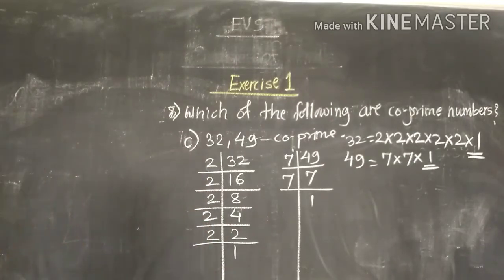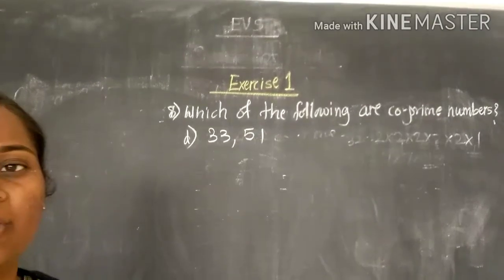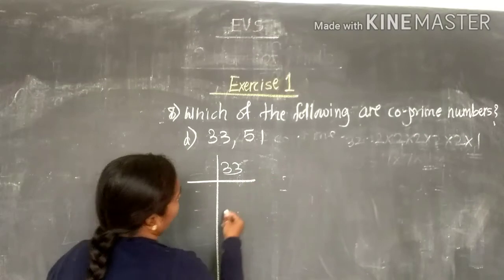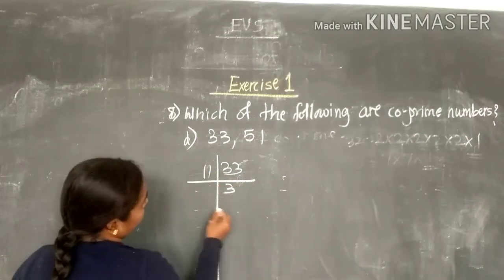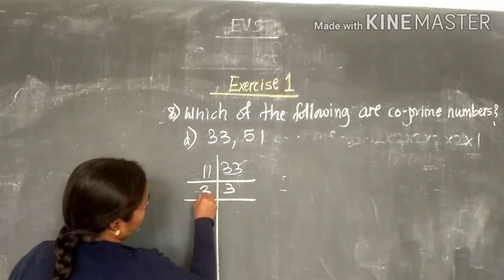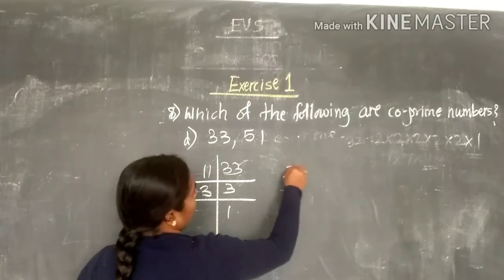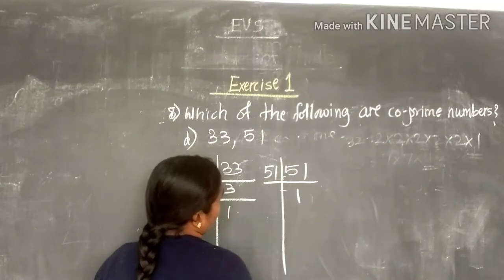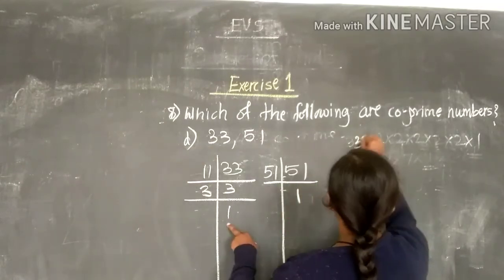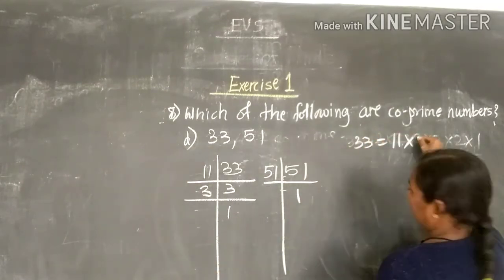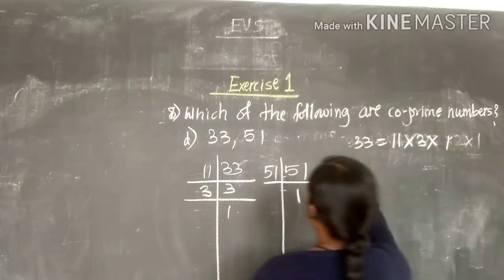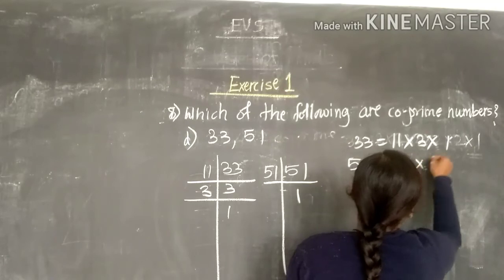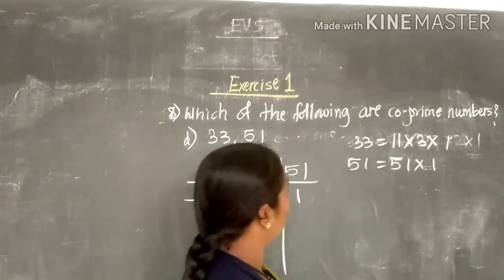Let's see the next example: 33 and 51. For 33, the factors are 11 into 3 into 1, and for 51, 17 into 3 into 1.